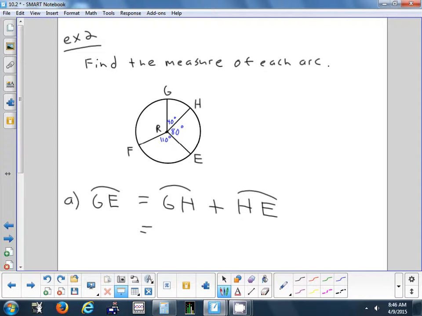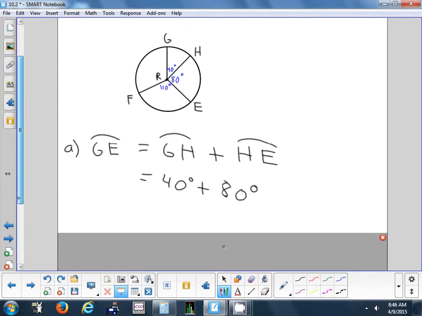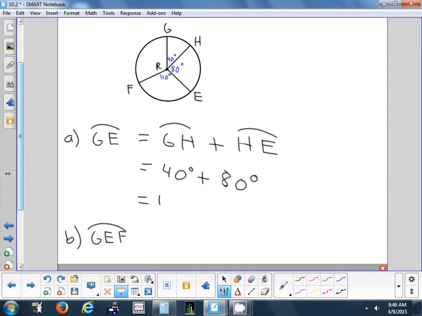Both of those arcs we know because we have their central angles. Arc GH is 40, HE is 80. What's the measure of arc GE? 120. Yep, 120. Good.